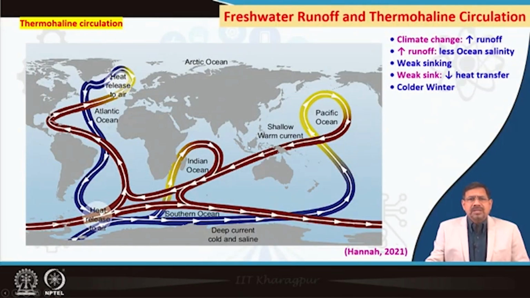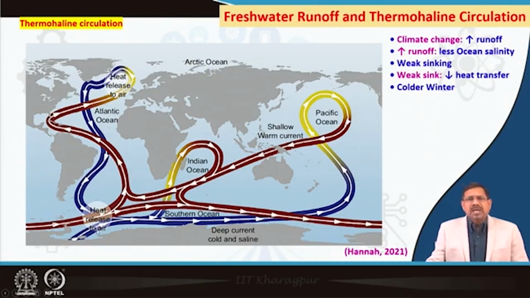Here we have the Indian Ocean, the Pacific Ocean, the upper current goes here and comes back, and you have the Southern Ocean here, deep current and cold saline. Heat release to air, Atlantic Ocean here, and heat release to air here.